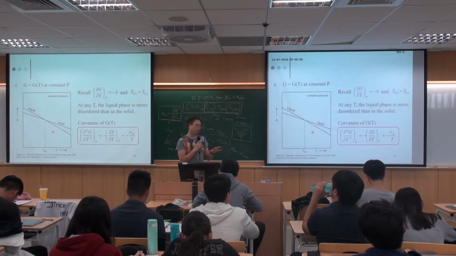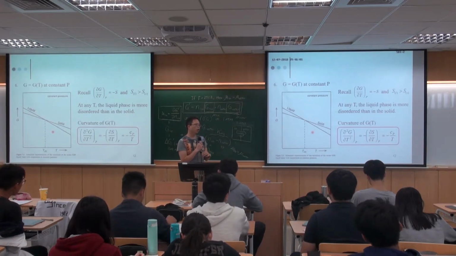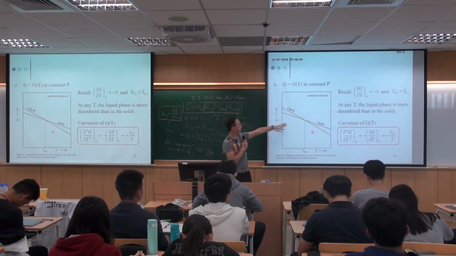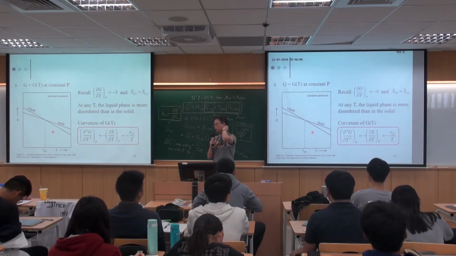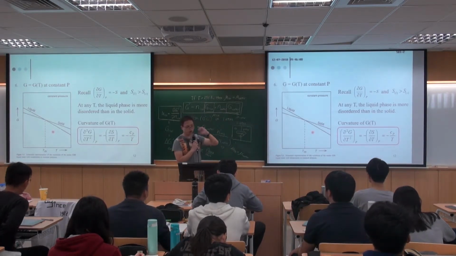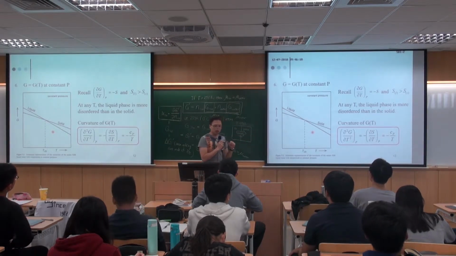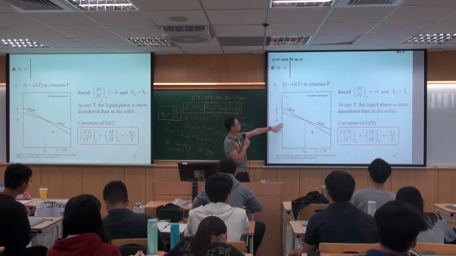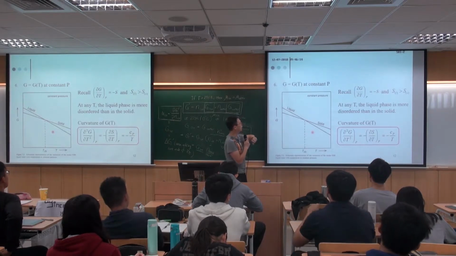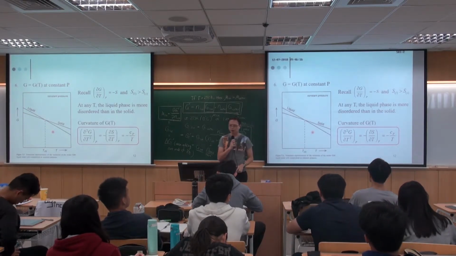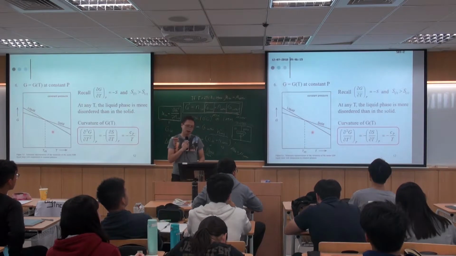So if you look at the newer version of your textbook, these two lines should have some curvature. But unfortunately, if you're using the older version, you'll see something like this. But actually, the curvature is not that dramatic. So I believe this is a more accurate plot.